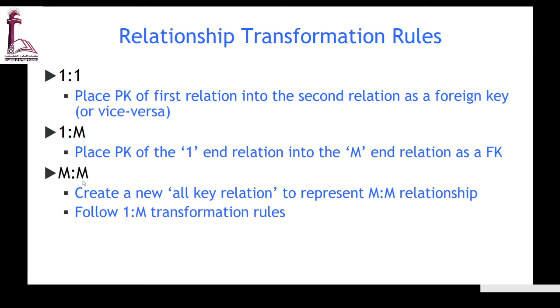So you have to implement many-to-many relationship as one-to-many and then many-to-one by introducing the associative entity. You have to create a new relation to represent the many-to-many relationship, and you have to follow the one-to-many transformation rule.